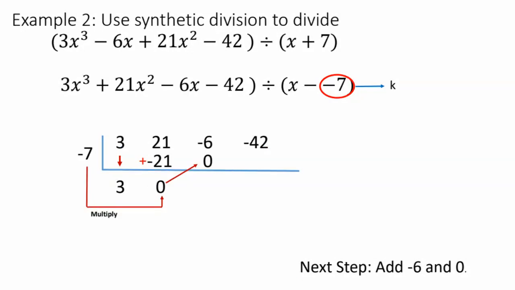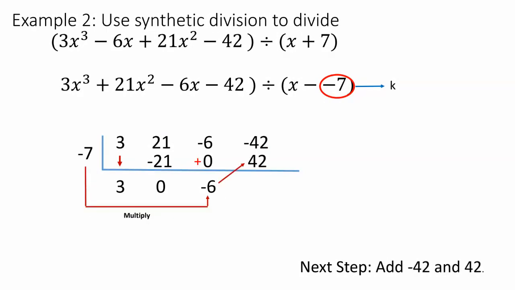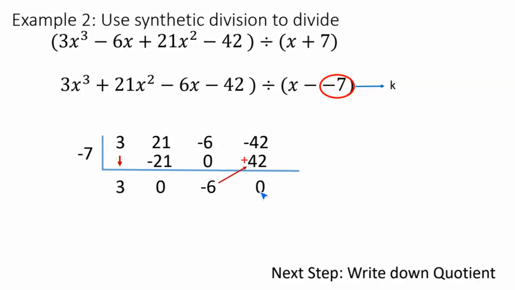And the negative 6, negative 6 times negative 7 is positive 42. And if we add, we get 0. Okay. So as I mentioned earlier, if you get a 0 here, you're going to be super excited, right? And you'll see why, hopefully, either in this section or the next section. Okay, so my remainder is 0.